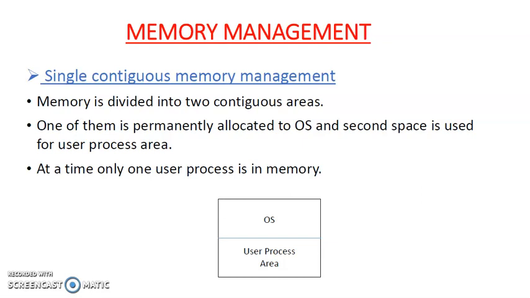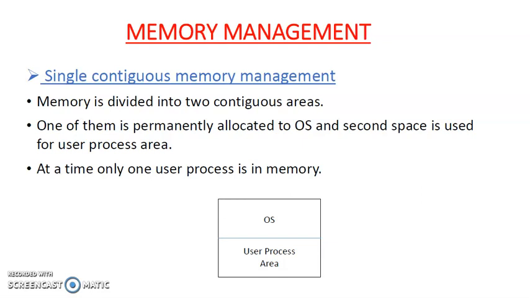But non-contiguous does not require it. The program is divided into chunks. The chunks are the same size in paging and different sizes in segmentation. I will explain the paging and segmentation concepts in the next slide.